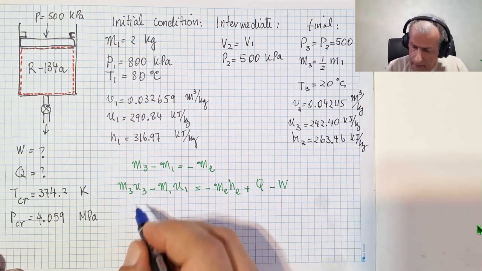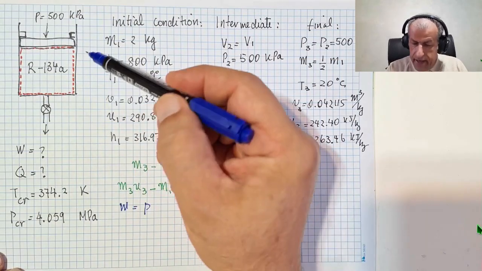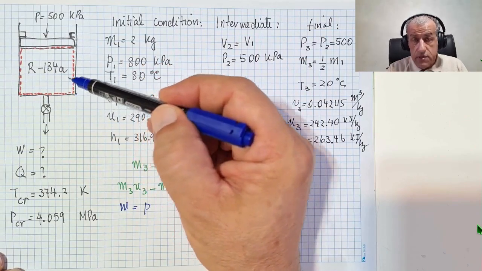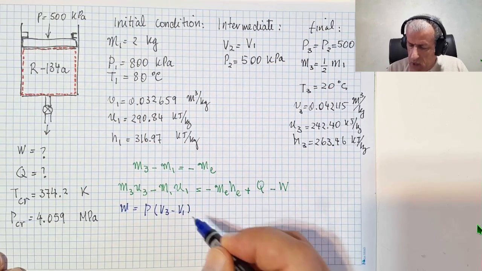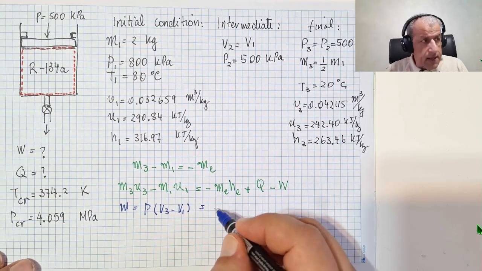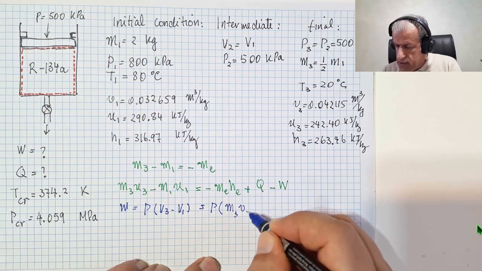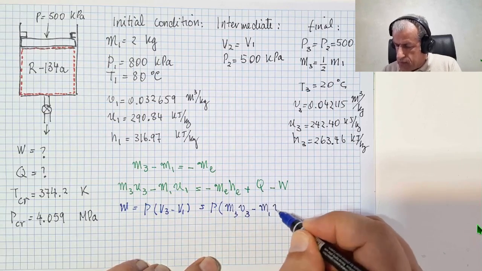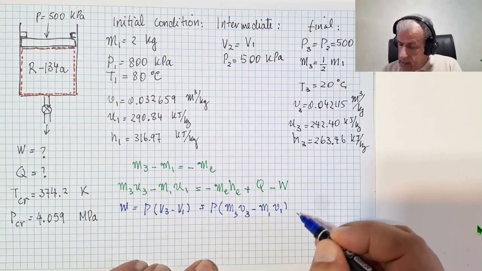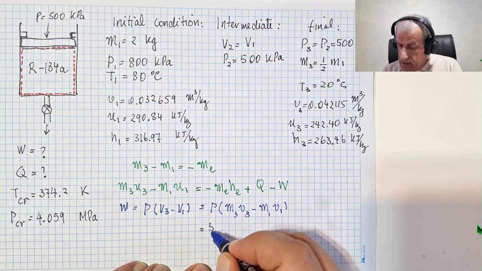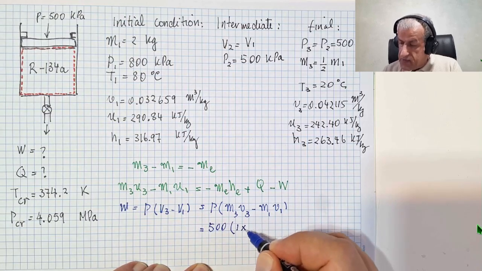So W equals P, the pressure, and when the piston starts moving down, this is a constant pressure process, P times V3 minus V1, and that equals P times M3 V3 minus M1 V1, and that equals 500 kilopascal times M3, which is 1 kilogram, times V3. We know the value.